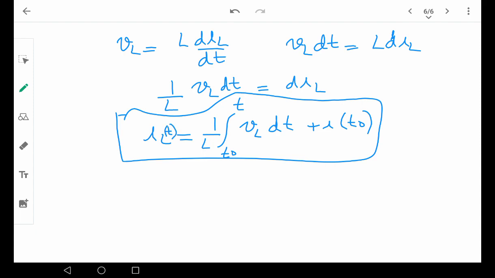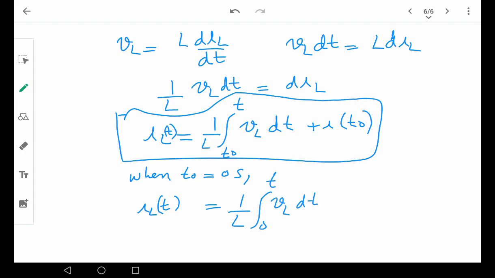So we'll do some problems, then it will be very easy for you to understand. If t0 is 0, simply you can write IL(t) equal to 1 by L integral from 0 to t of VL dt plus I at time 0, some initial current at time 0.